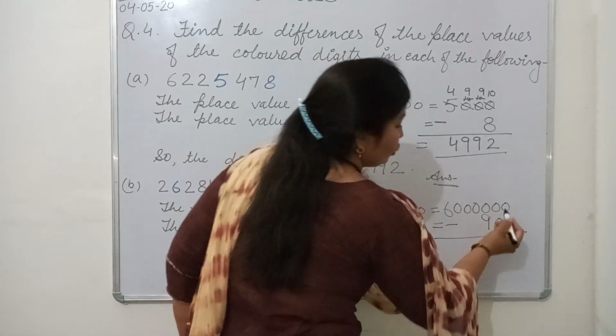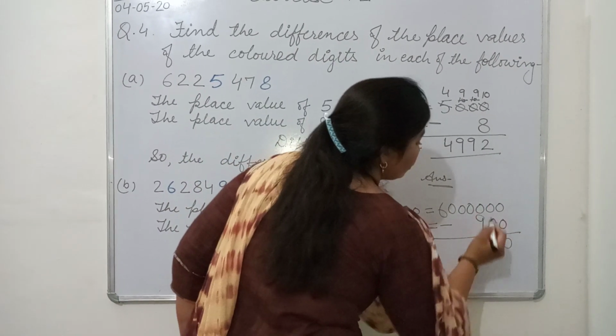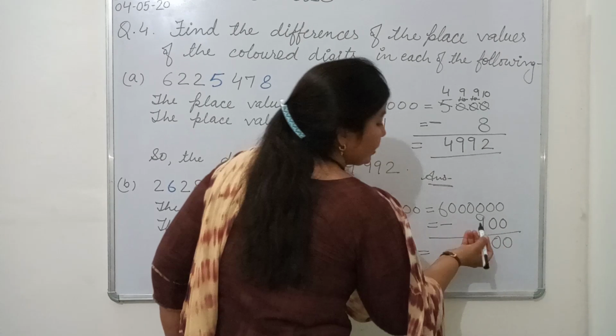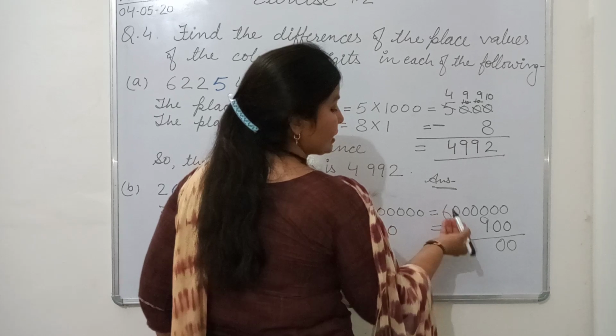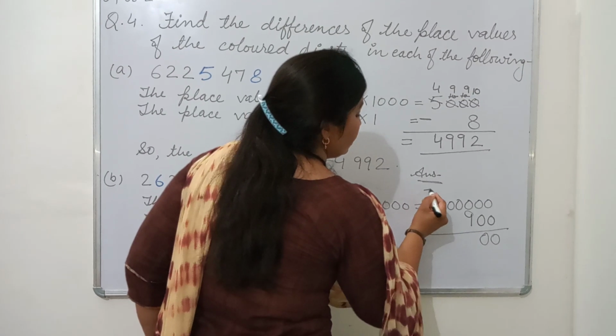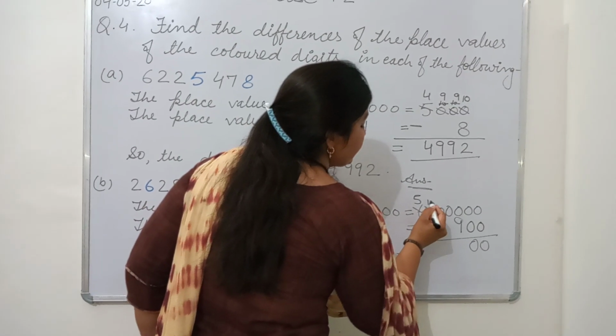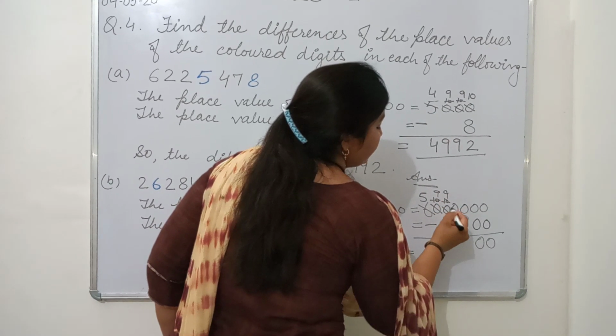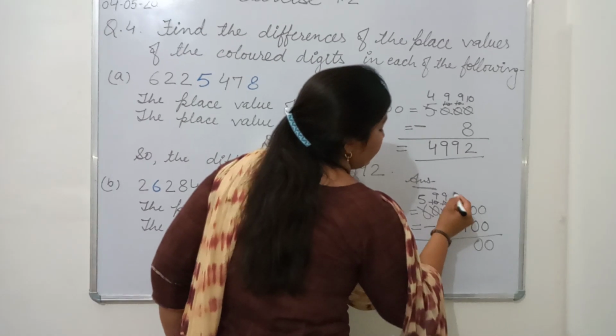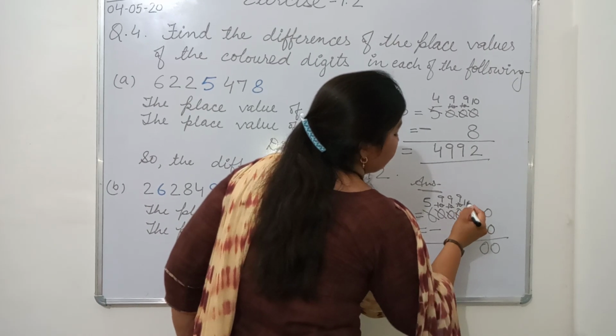So now 0 minus 0, 0, 0 minus 0, 0. Now we can't subtract 9 from 0. So take borrowing. Next is 0, next is 0, next is 0. So we take from the 6, 5. Now there is 10, 9, 10, 9, 10, 9 and there is 10.